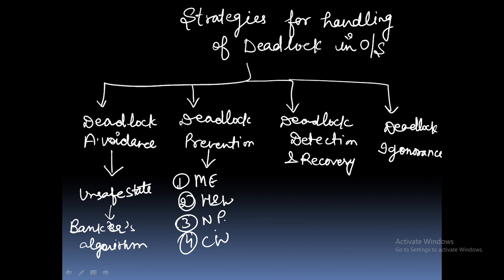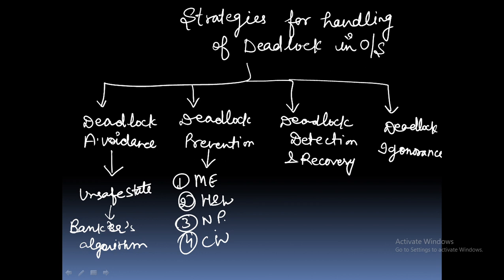So we can say that the deadlock prevention strategy can be implemented when we violate any one of the conditions which are necessary for the happening of deadlock, that is mutual exclusion, hold and wait, no preemption, and circular wait.